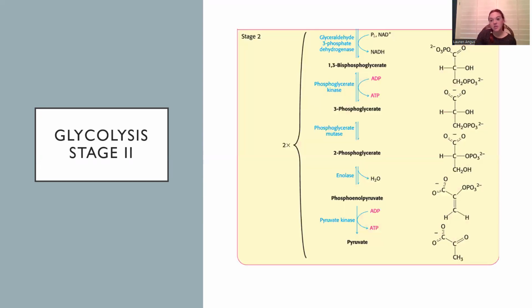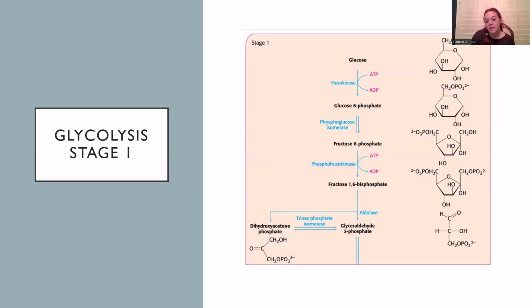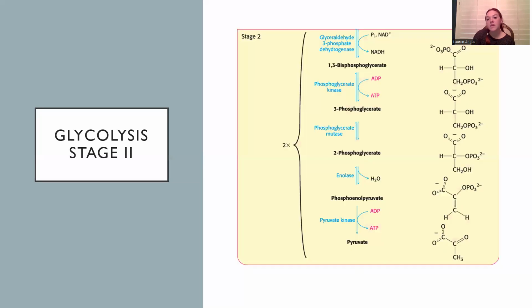In glycolysis stage 2, NADH is going to be generated, and ATP is also going to be generated. So going from glyceraldehyde 3-phosphate to 1,3-bisphosphoglycerate using the enzyme glyceraldehyde 3-phosphate dehydrogenase, it'll take a molecule of NAD plus and Pi and turn it into NADH.